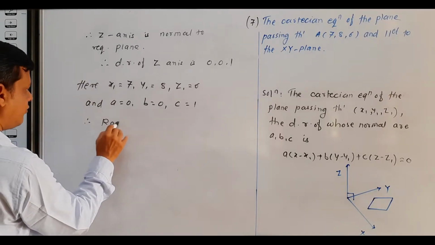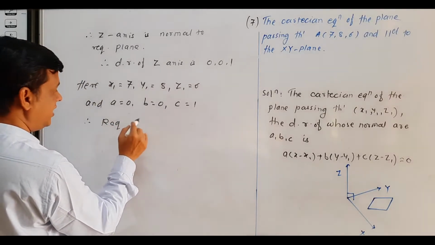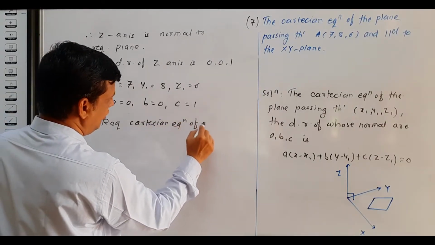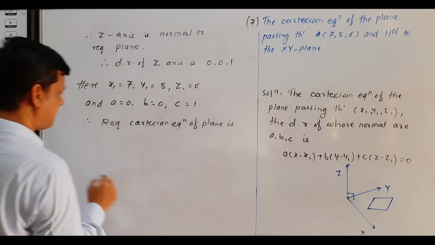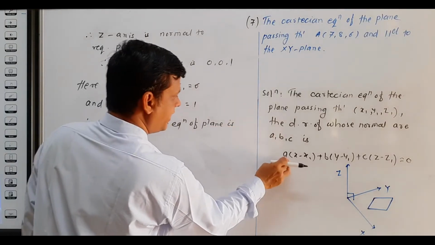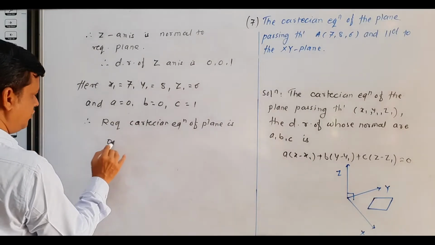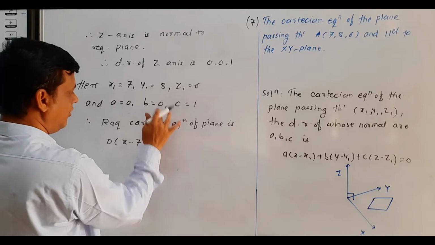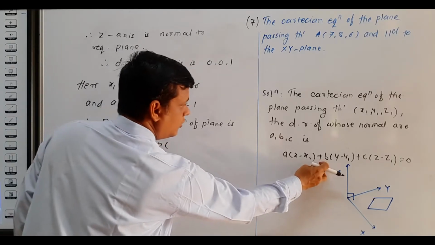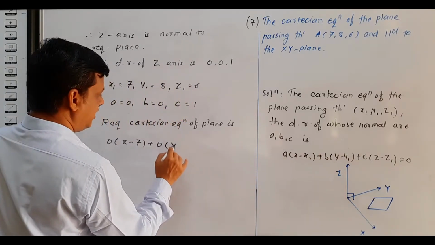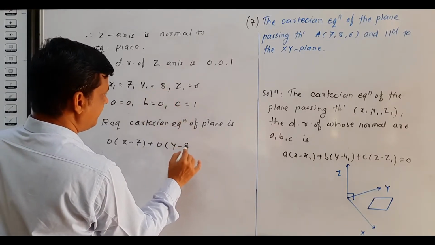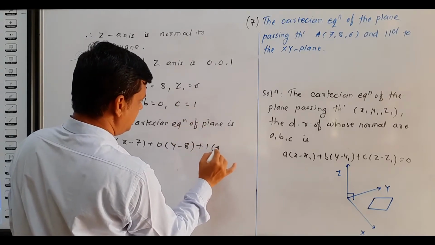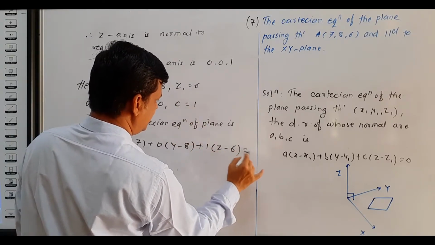Therefore required Cartesian equation of plane is, we substitute the value of A as 0. So 0 in bracket x minus x1, x1 is 7, plus value of B is 0, so 0 into y minus y1, y1 is 8, plus C, value of C is 1, z minus z1, z1 is 6 is equal to 0.